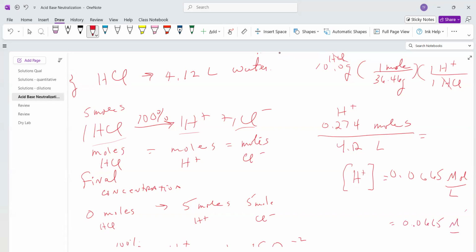Okay, so hydrogen ion concentration is 0.0665, or 6.65 times 10 to the minus 2.